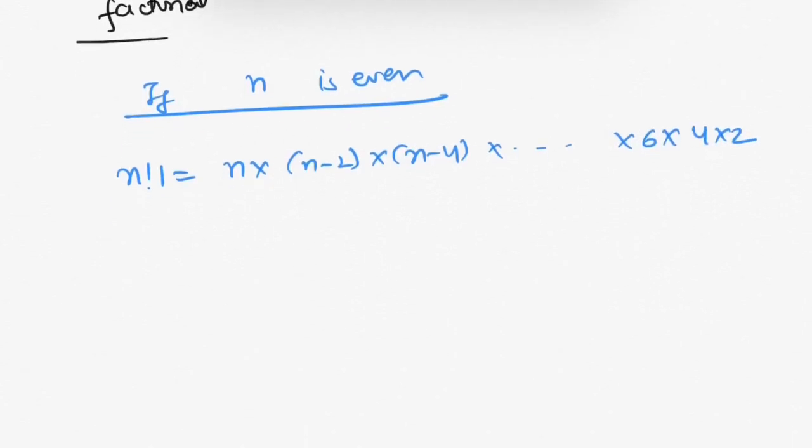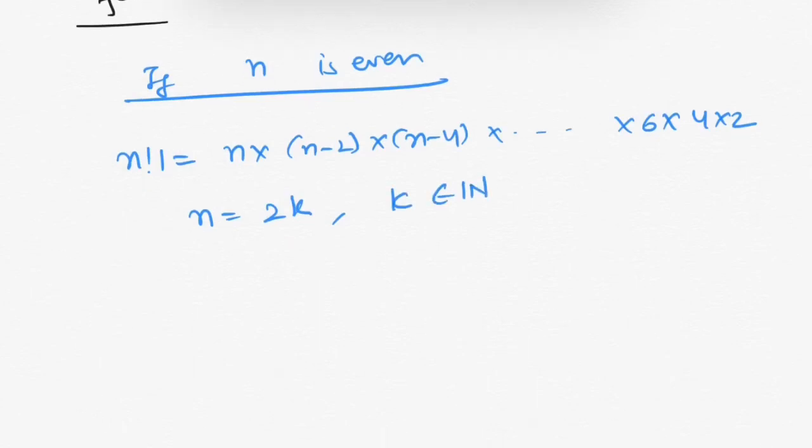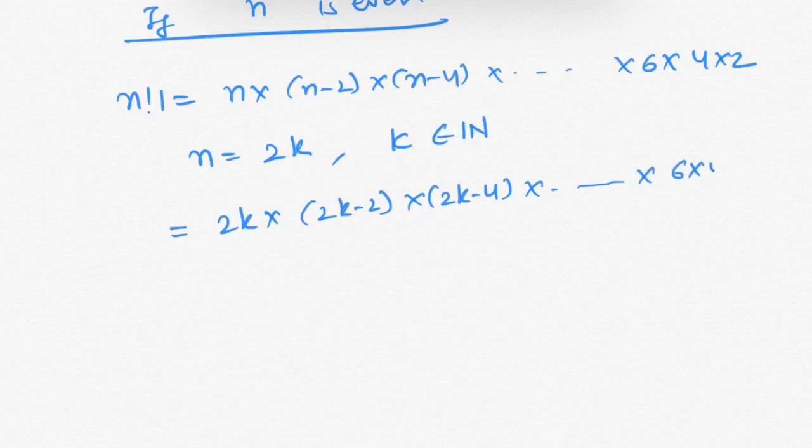Since n is even, I can write n as 2 into some natural number k, where k is some natural number. Now putting n equals 2k, we have 2k into 2k minus 2 into 2k minus 4 into 6 into 4 into 2.